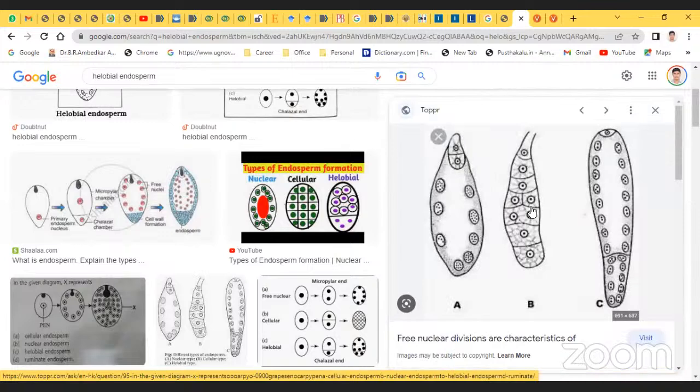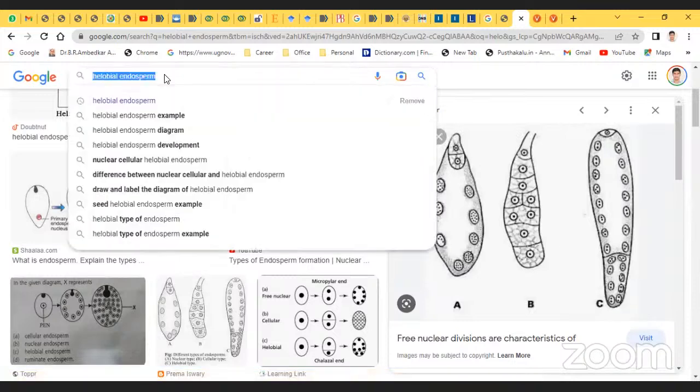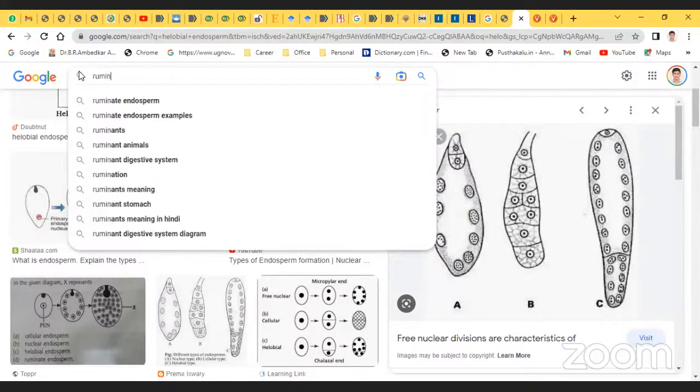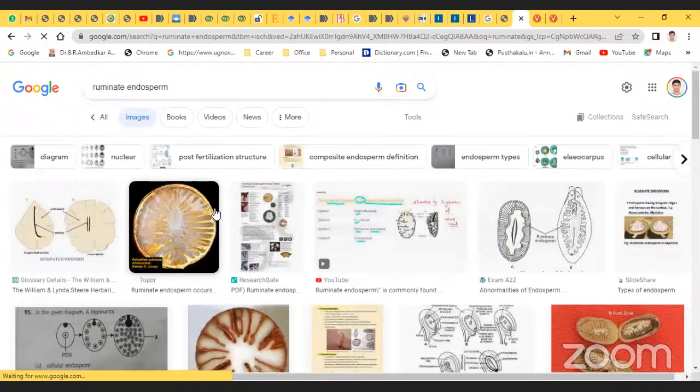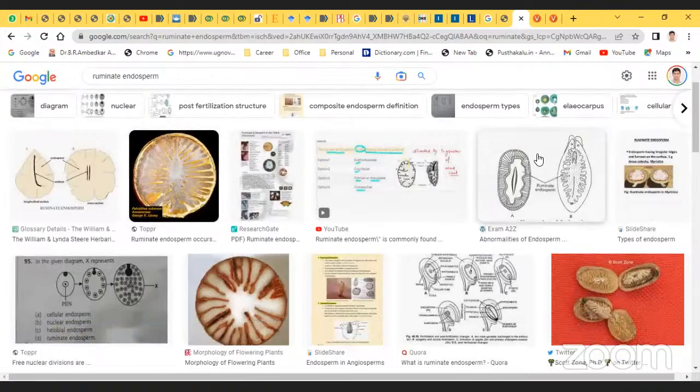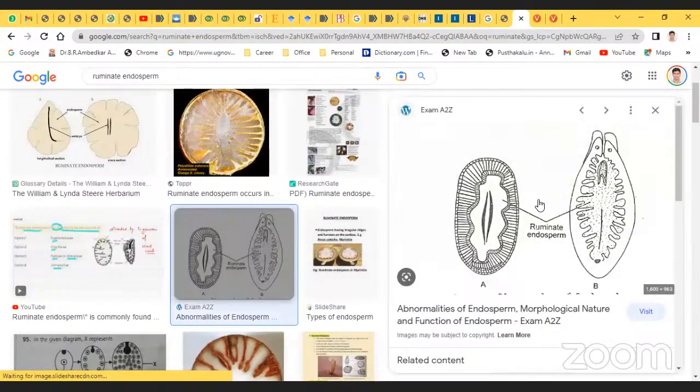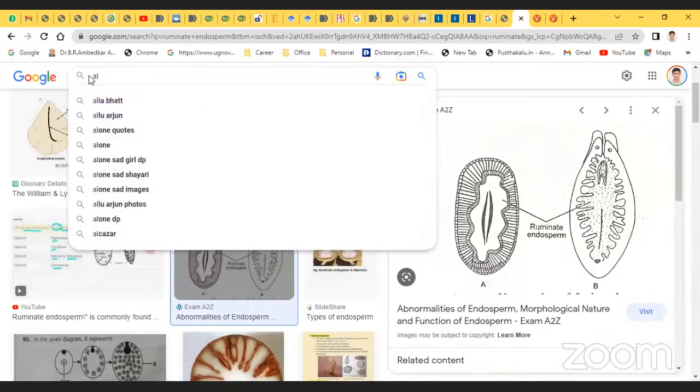This one is the helobial endosperm. So next, ruminate endosperm. This is the ruminate endosperm. Next, aleurone layer.